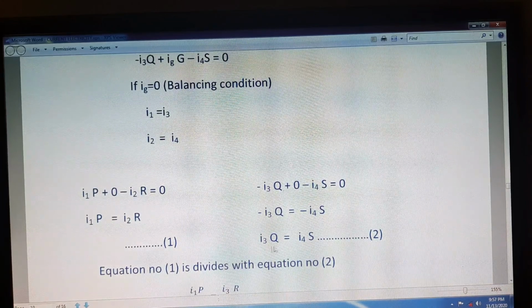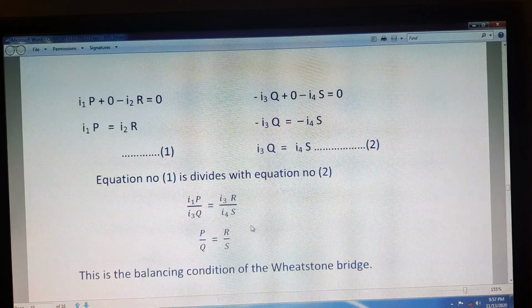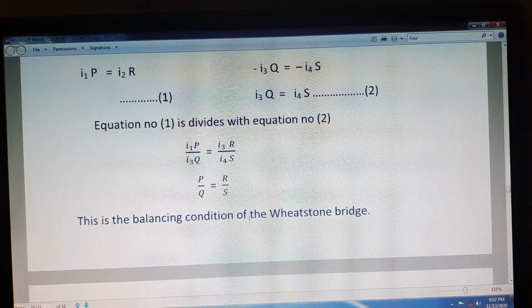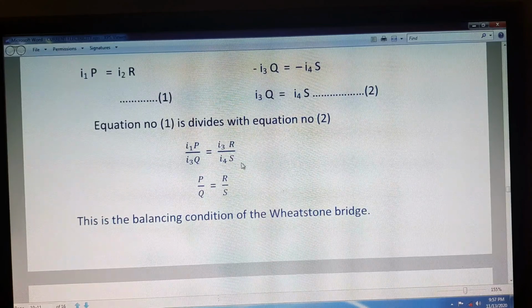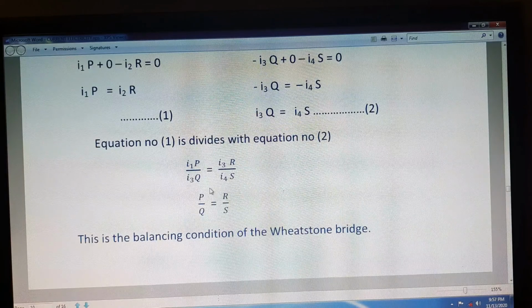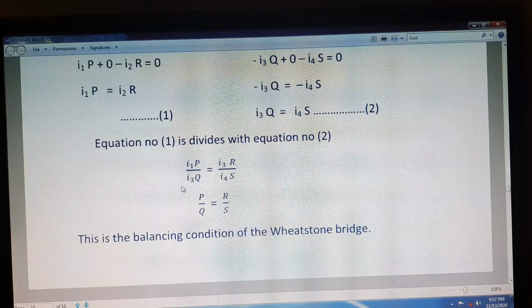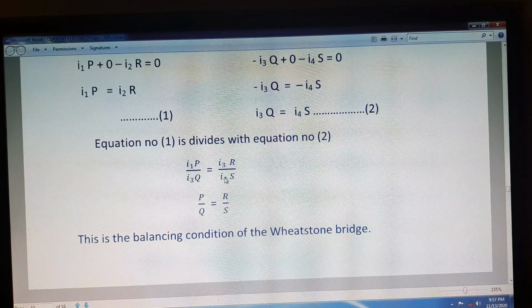This is equation number 1, this is equation number 2. So equation number 1 is divided by equation number 2. So I1P by I3Q is equal to I2R by I4S. We can write these equations: I1 and I3 will be cancelled, and I2 by I4 will be cancelled.